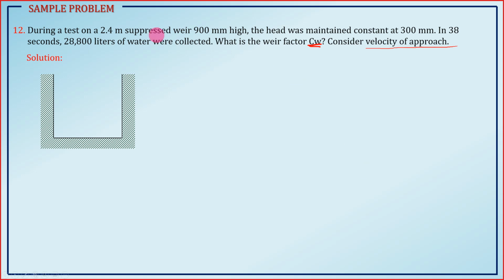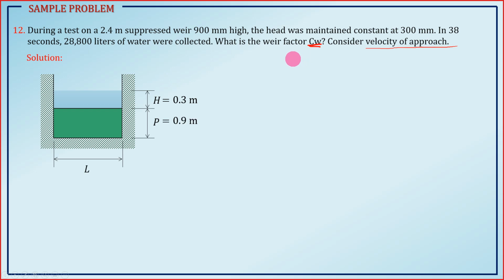Ayan. So, we have a suppressed weir, suppressed full width na rectangular weir. Ayan. So, may height yan na 900 millimeter and may length na 2.4. Then, the head of water is given na 300 millimeters. So, lagay lang natin dito yung mga given. Ayan.